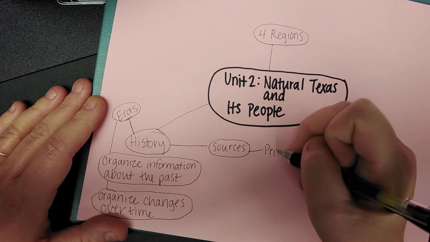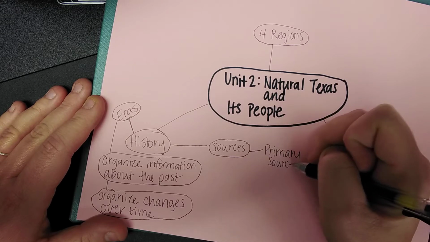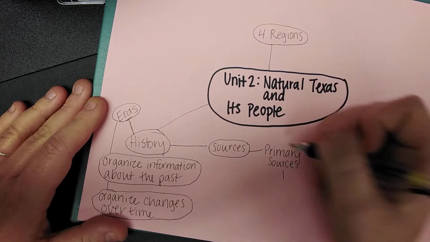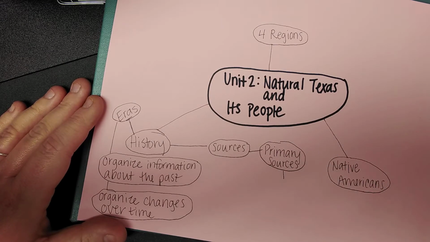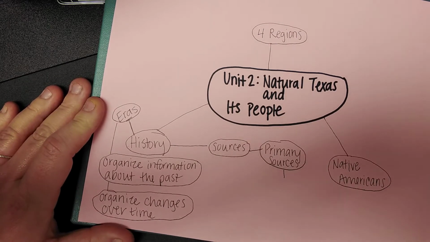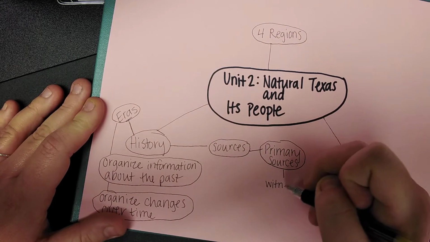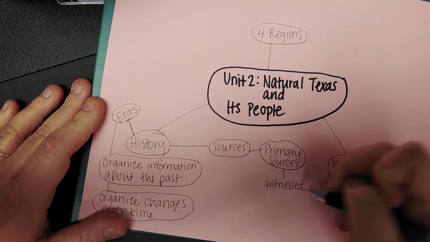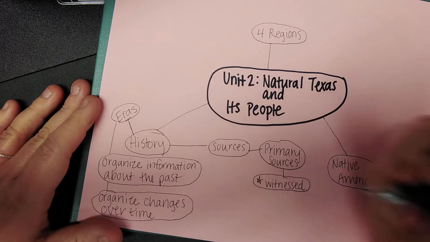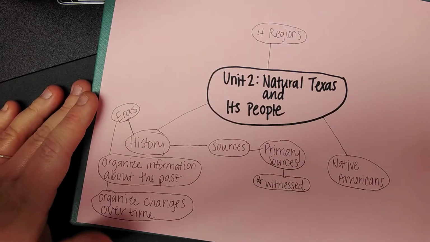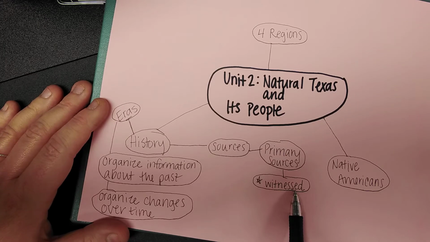There are primary sources, which means that whoever is writing the information or whatever it is that you're looking at was there and they witnessed history, sort of like Francis Scott Key and the Star-Spangled Banner. That's a witness account. They were there, they saw it with their own eyes.